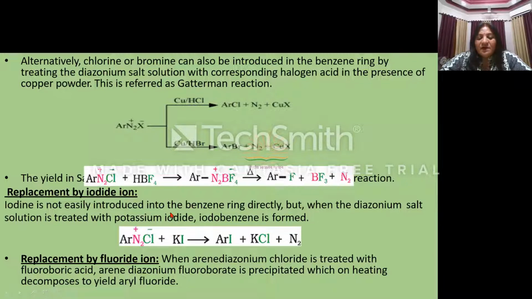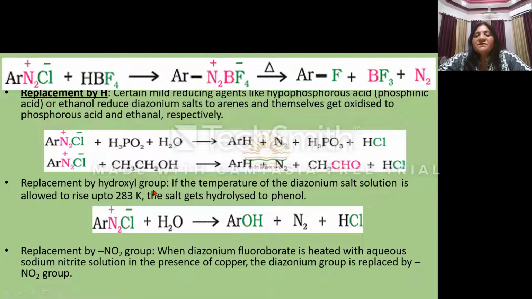Replacement of fluoride ion: when arene diazonium chloride is treated with fluoroboric acid, diazonium fluoroborate is precipitated, which on heating decomposes to yield aryl fluoride. This is fluoroboric acid, HBF4. This intermediate product, which stabilizes as fluorobenzene on heating, gives BF3 and N2.